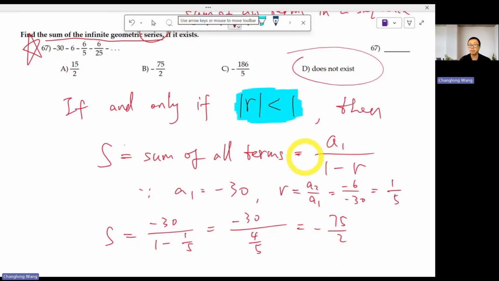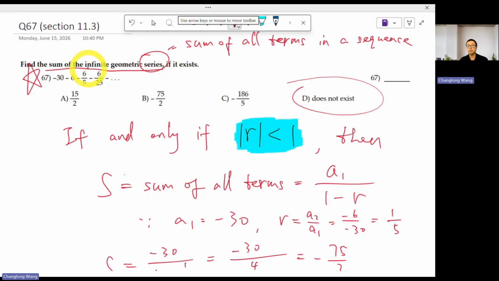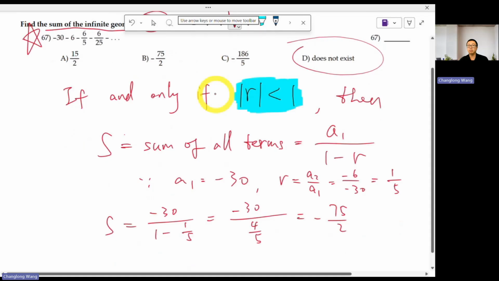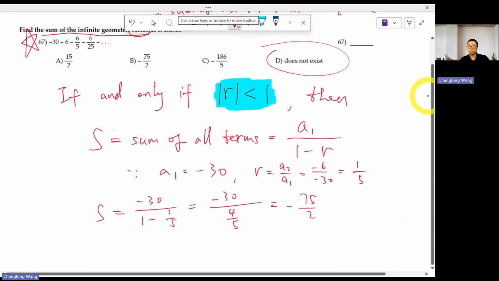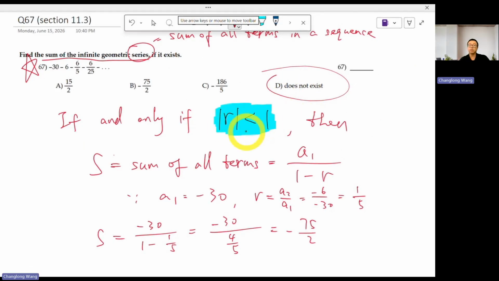But what you need to remember, and that's why I put a star, for 67, the infinite sum of a geometric sequence, or the way to put it is the infinite geometric series, it will most likely work, but please be open to the possibility that it may not work. And the way you can tell is whether the absolute value of the common ratio is less than 1. If it is, then you have a nice formula. Otherwise, you don't.